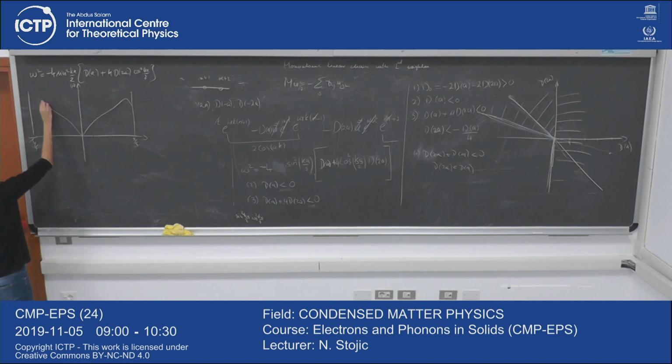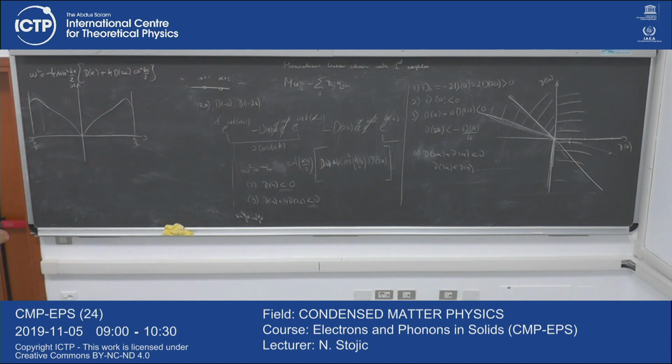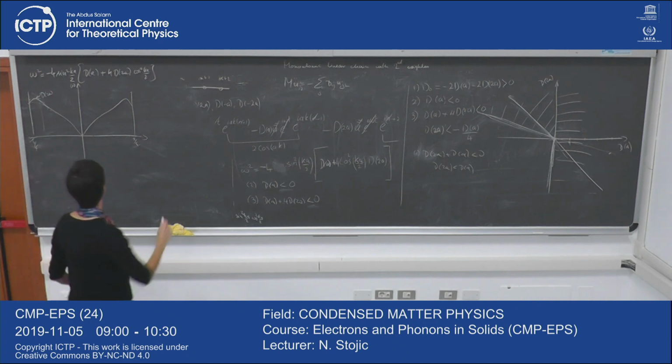I'm not able to draw it very nicely. Not symmetric, not good. And this bump here is completely due to d2a. When you set d2a to 0, you will get what you've seen so far. So this is the effect of d2a.